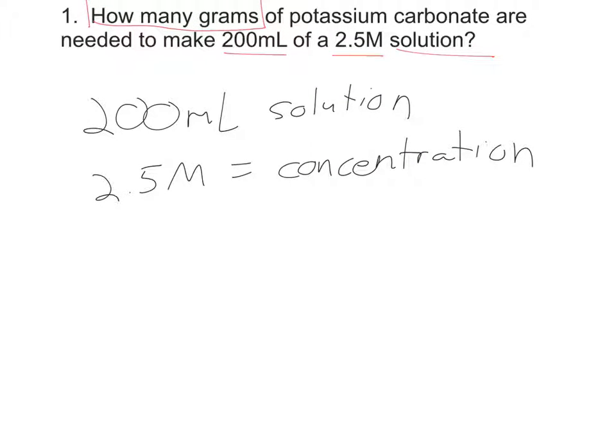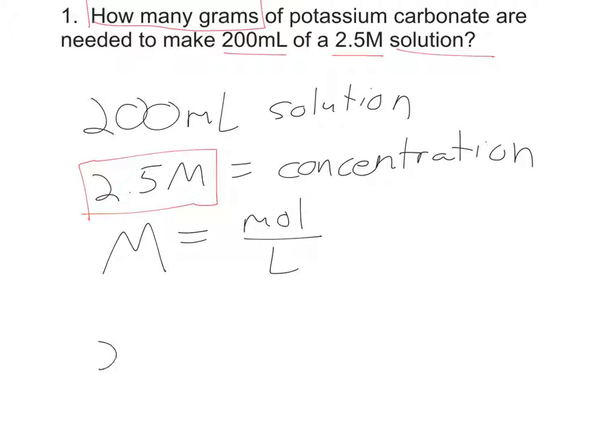I need my molarity equation. Fortunately, that's the easy part. Molarity is always moles per liter. Looking at my givens here, I do have 2.5 molar, so I can put that in. That's 2.5 molar on the left, equals moles divided by liters.